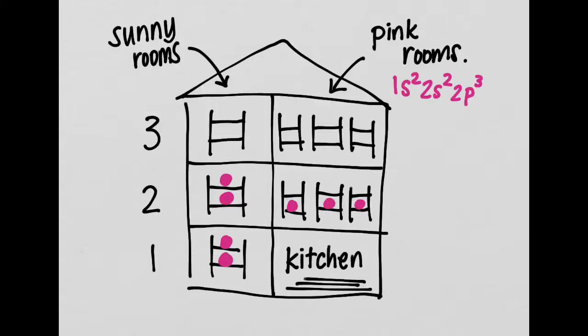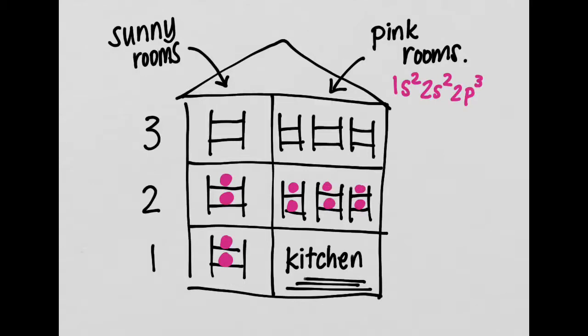The next thing I want you to do is imagine that 4 more people show up. Go ahead and pause this video and fill in your own version of this. Where do I put the next 4 people that come in? So the next 4 people, I'm always going to fill up my second floor first.